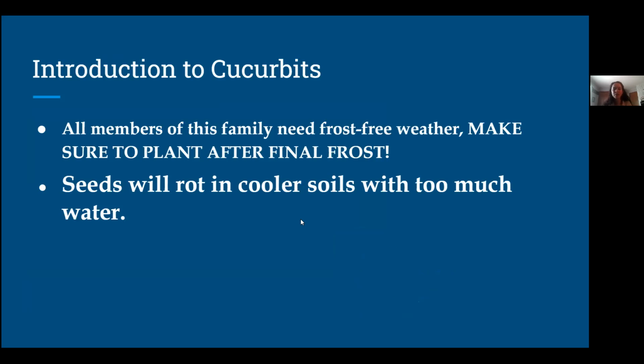All members of this family need frost-free weather, so make sure to plant these after the final frost. If the seeds are direct seeded in cooler soils with too much water, they will rot.